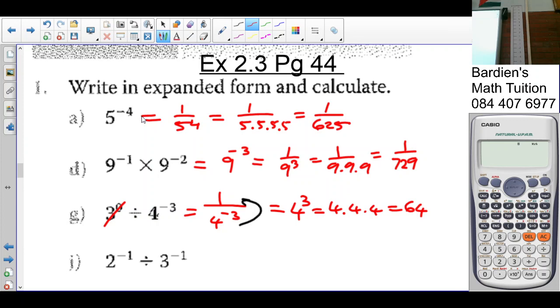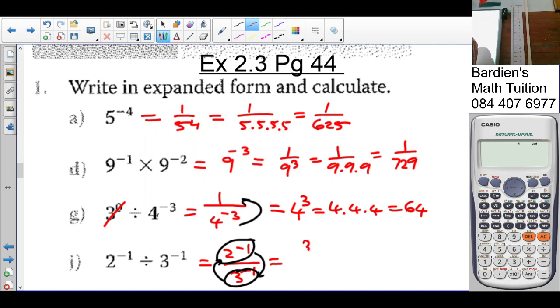Just look at the next one. This will simply be 2 to the negative 1 over 3 to the negative 1. If the exponent is negative as a numerator, it will be positive as a denominator. And if the exponent is negative as a denominator, it will be positive as a numerator.